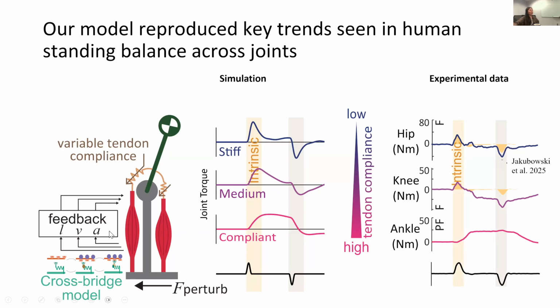And then we can do the optimization on the feedback gain to simulate the overall control response. And our simulation captures most of the key trends seen in human data across different joints like this.